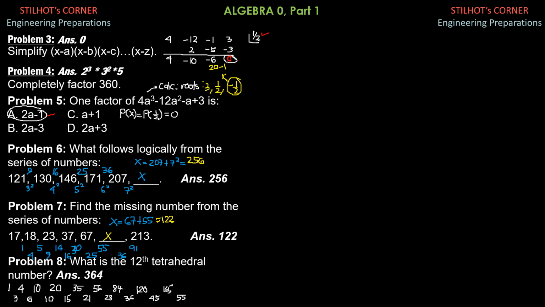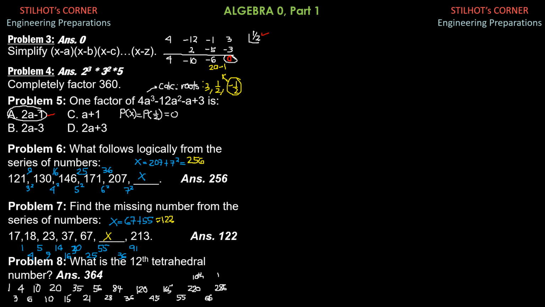So 165 plus 55 is 220. The 10th, the 11th. So after 55 plus 11, 66. Triangular number 66. So plus 220 is 286.